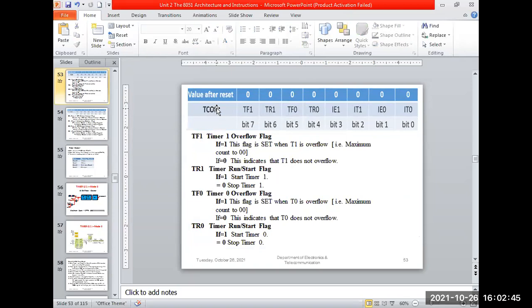Tcon is timer control. Also, it is going to be an 8-bit register. So this register is usually used when the T mod action is set and the timer is run; what happens afterwards? With the help of this, we can see the operation of that. Just write down this part, then I'll explain that part.